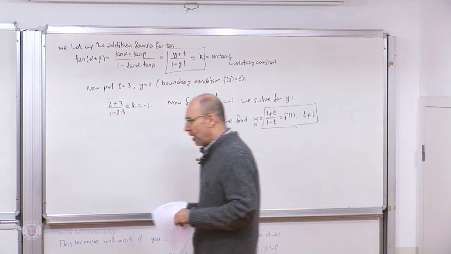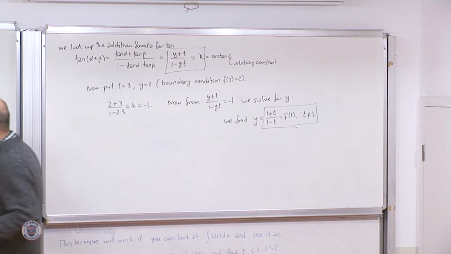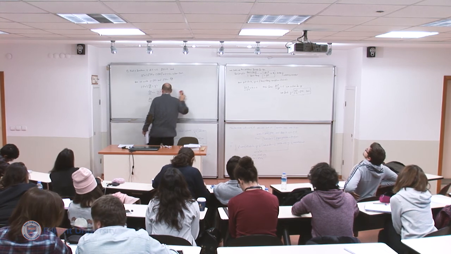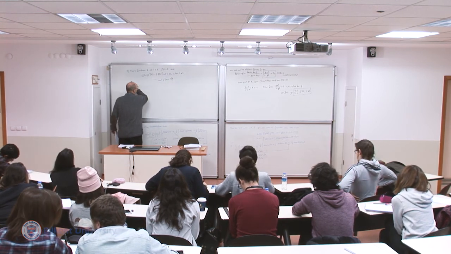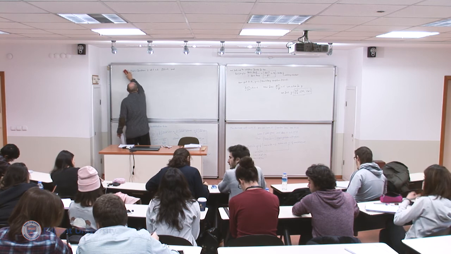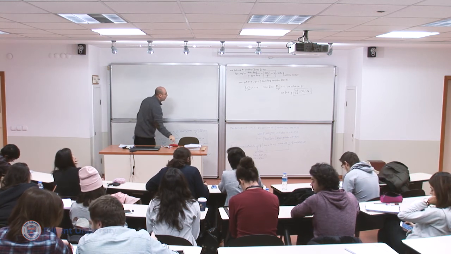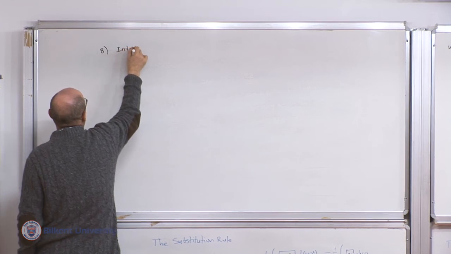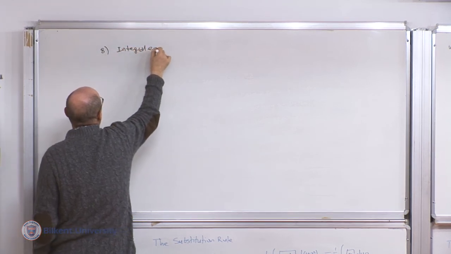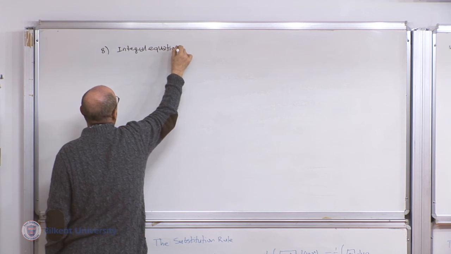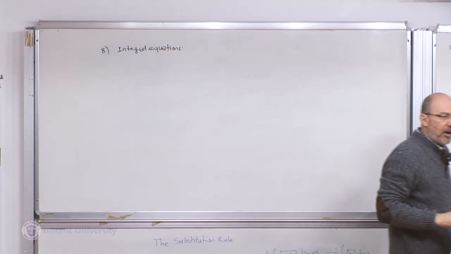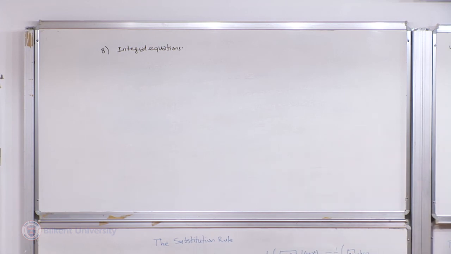Okay, so the last thing I want to talk about is something related to differential equations. These are called integral equations. They are of this form. In a differential equation, you want to find a function, but you know a property of the derivative.